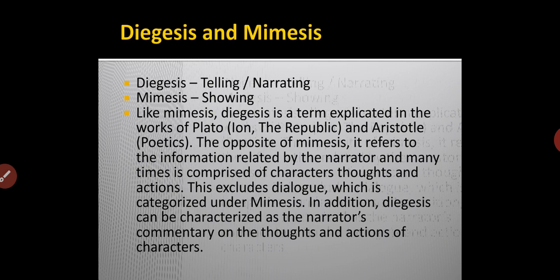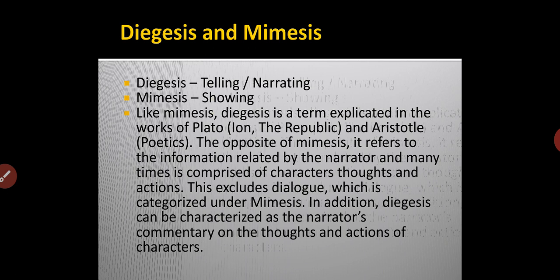So there are further some of the other concepts that the stylisticians use, which is not mentioned in Peter Barry's Beginning Theory, at least the edition which we are using. It does not focus upon diegesis and mimesis in terms of stylistics.